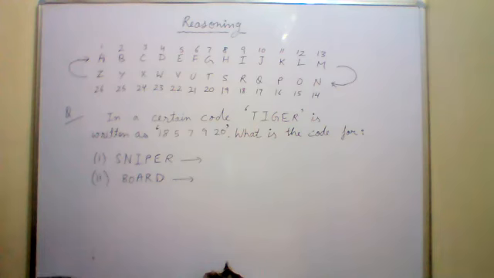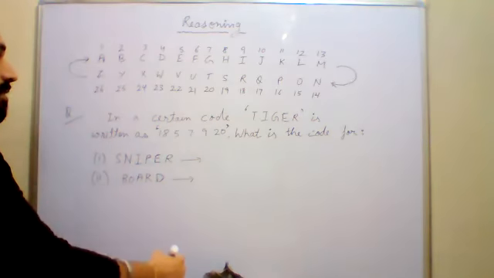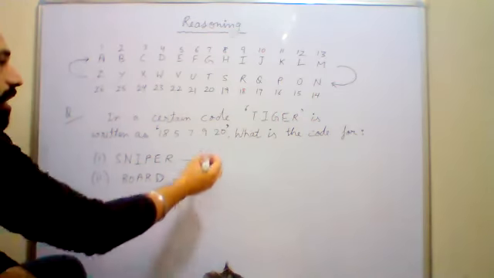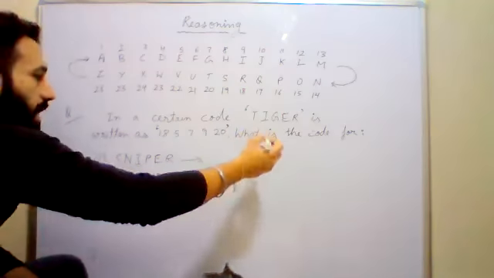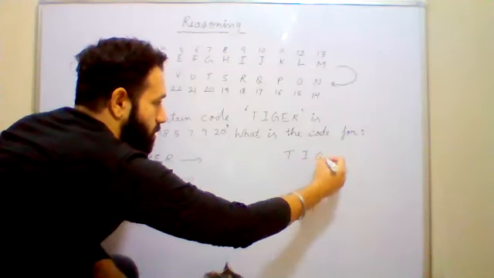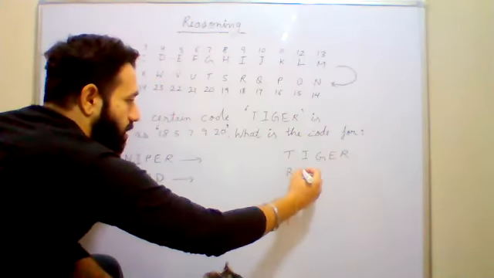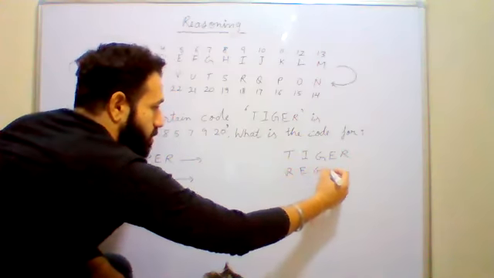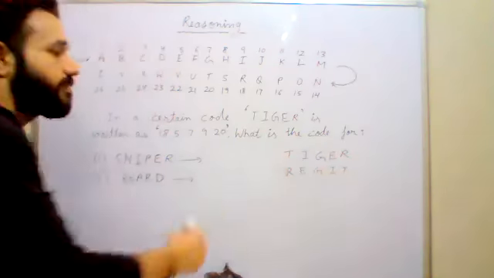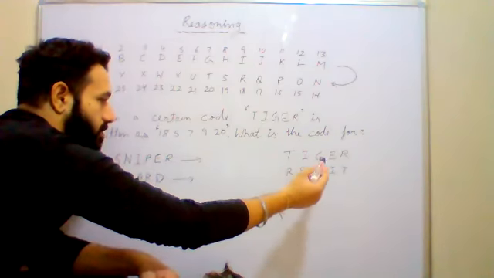Sir, we will do 9 questions also of this. So, sniper, the code is... First write the opposite of the word. Suppose EIGER is the word. Write it backwards: REGIE.